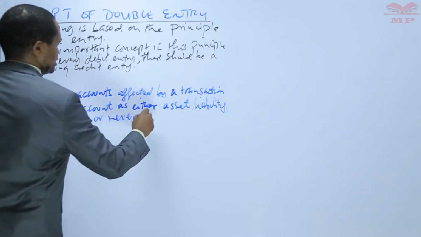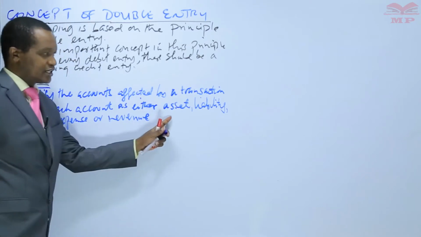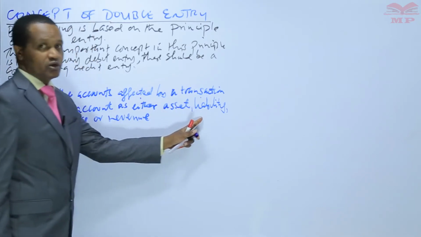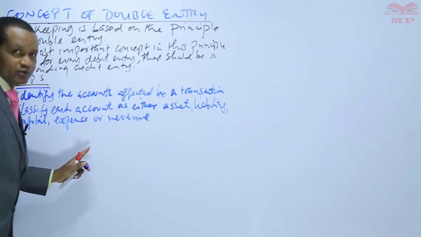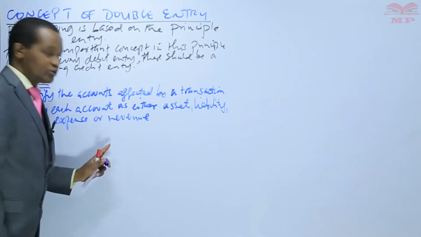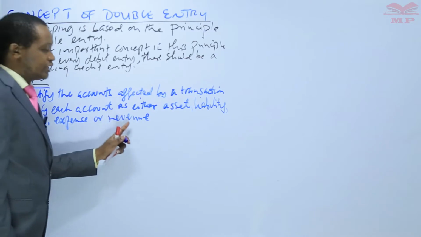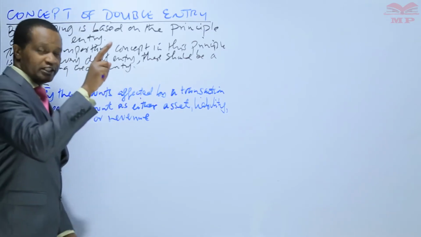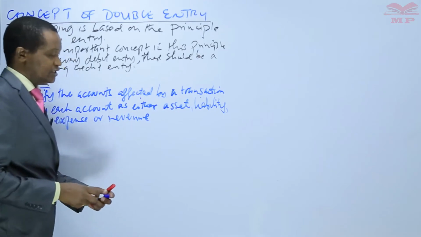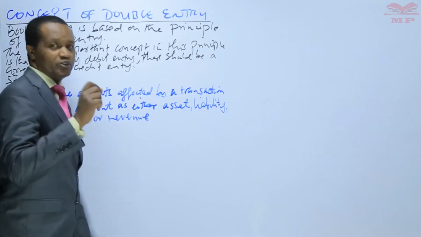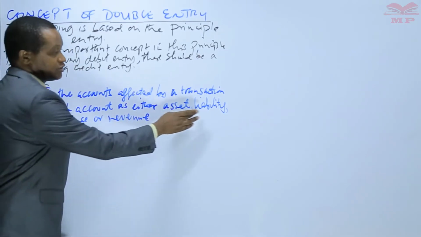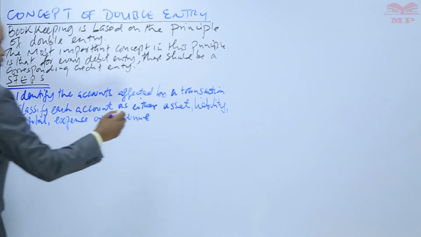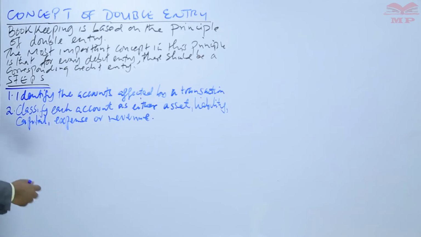An account can either be an asset account, or liability account, or expense account, or capital account, or revenue account. Remember, step number one, identify the two accounts that are affected. So the two accounts affected by a transaction can either be an asset account, liability account, capital account, expense account, or revenue account. That is step number two.